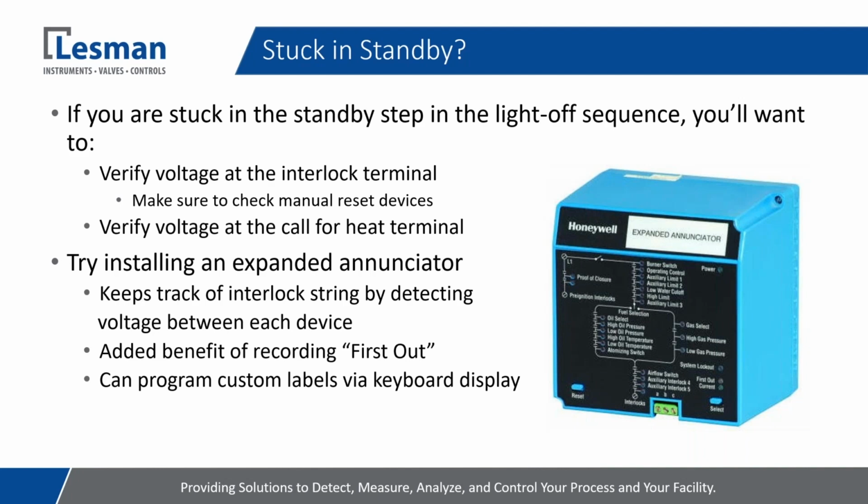You have to go to the device and hit the reset button. So sometimes people forget to do that. Same with the gas pressure switches. So an annunciator will let you know exactly which interlock is still open, rather than you having to go through it, hunt it down on your own.